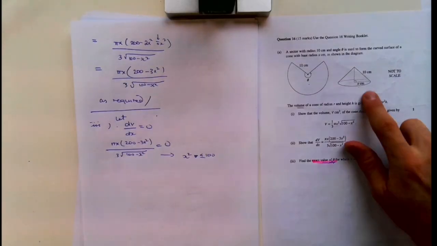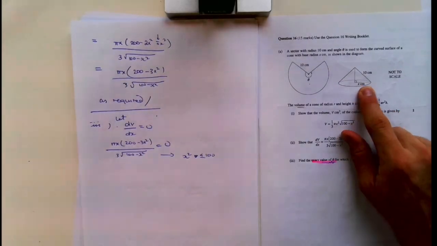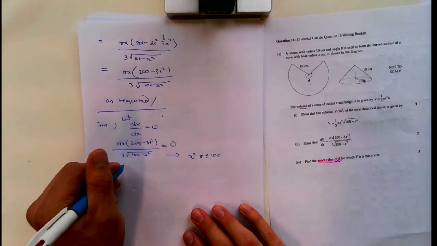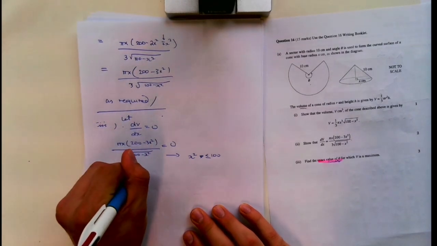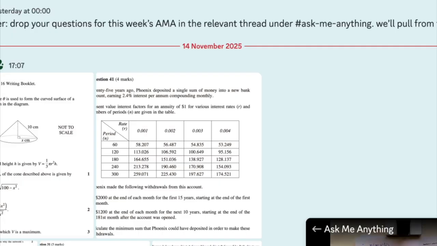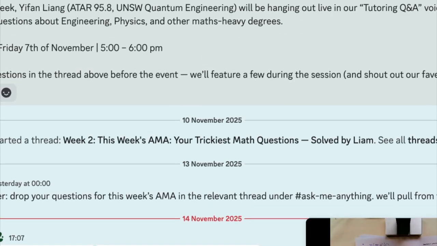And that's because we can't have x exceed 10, because then that would actually be the hypotenuse. So we don't have to worry about this for now, but just noting that's a restriction. So we can therefore say pi x, just the top, 200 minus 3x squared, is equal to 0. Now there's going to be sort of two areas we can get a solution.